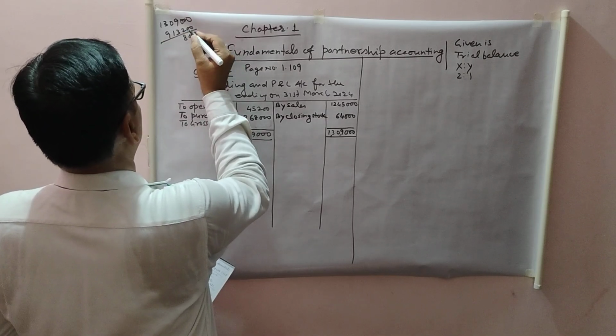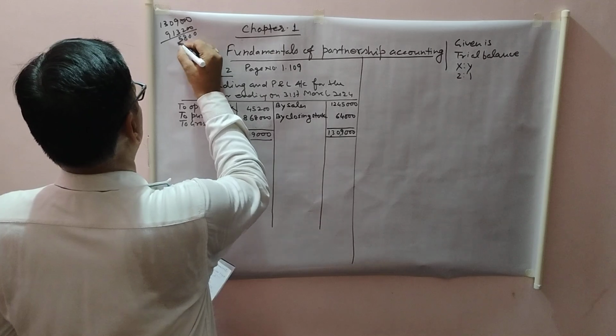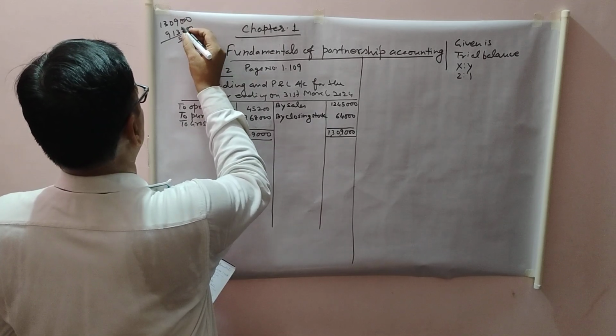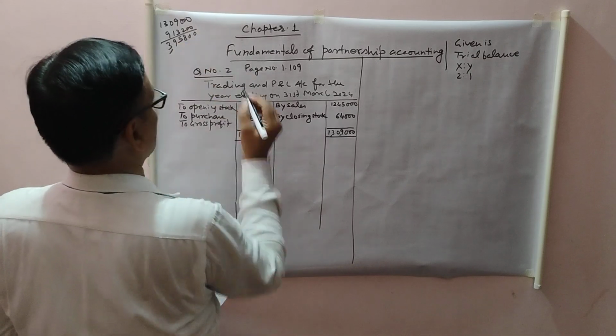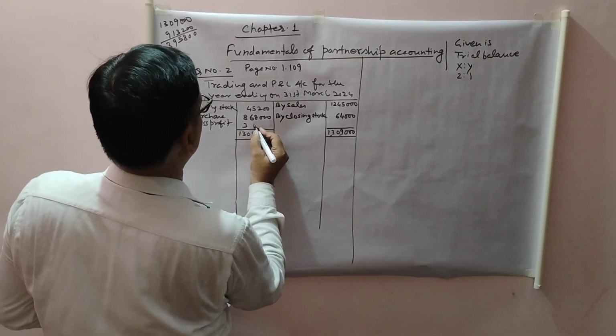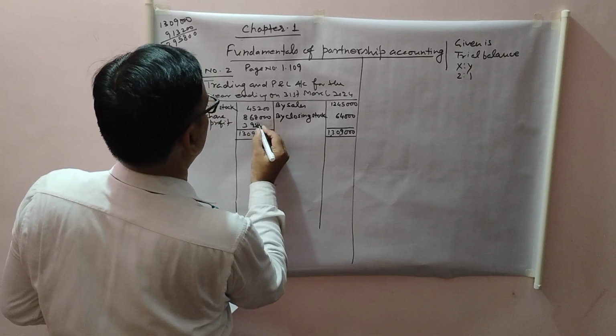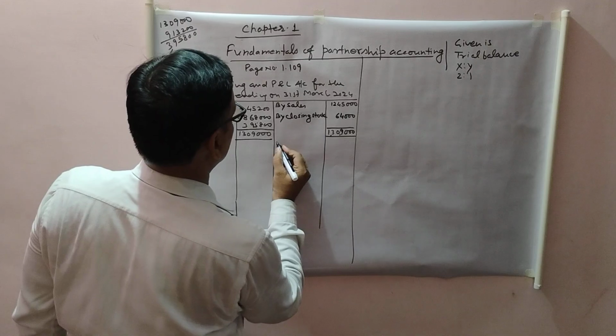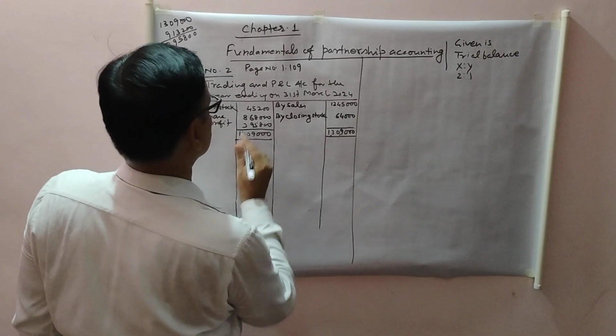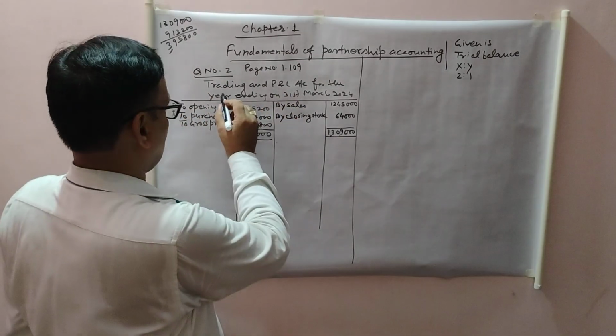The difference is 3,95,800. So this is the gross profit, and this gross profit we will bring to profit and loss account in sequence.